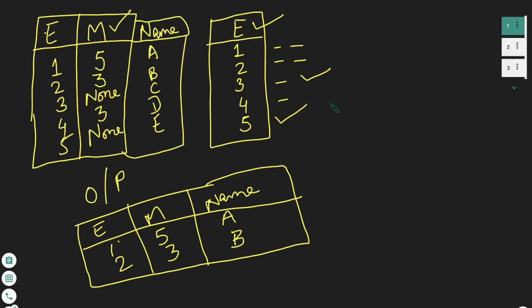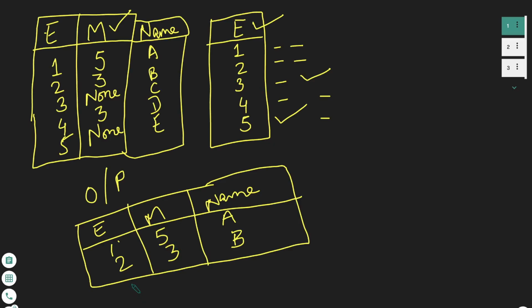And again my 3 does not match with 4, it does not match with 5. Now for 3 we do not have a manager, so it's none. For 4 again my manager is 3, so 3 does not match with 1, it does not match with 2, it matches with 3.